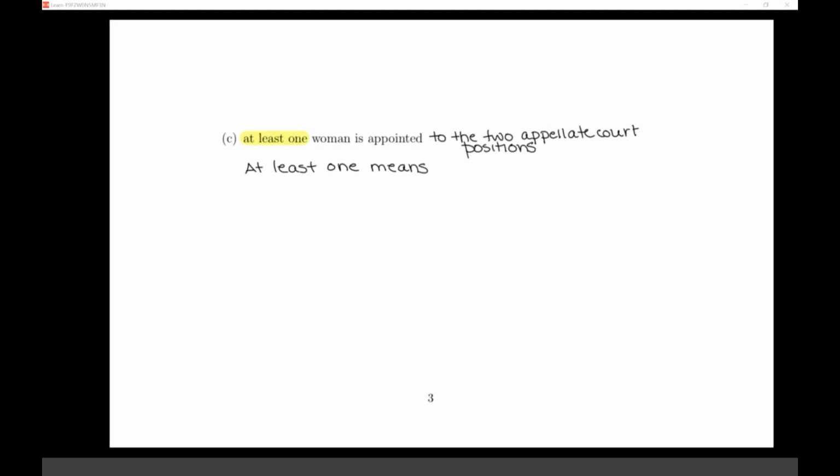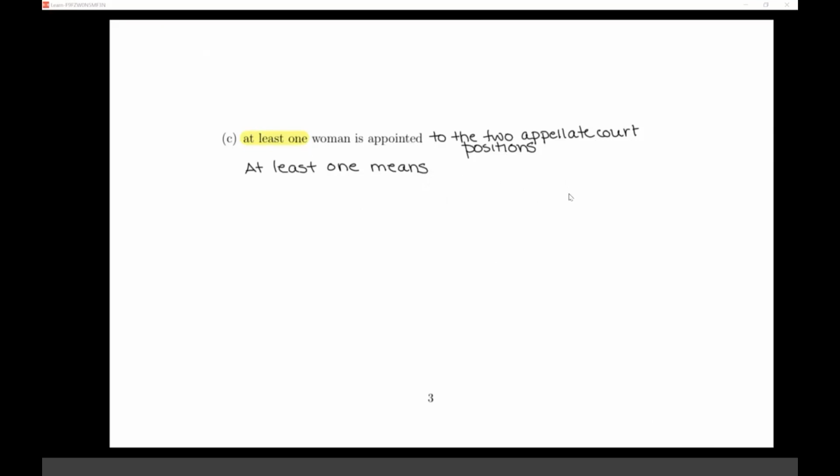Anybody have thoughts? Still got 13 people on. What we're saying is we want to appoint at least one woman to the 2 open appellate court positions. At least one woman. All right, anybody else have thoughts?